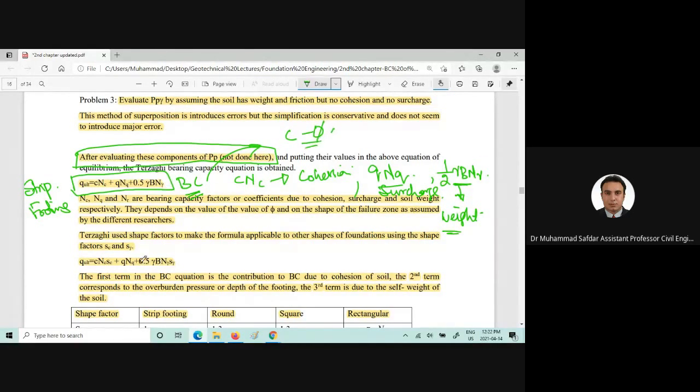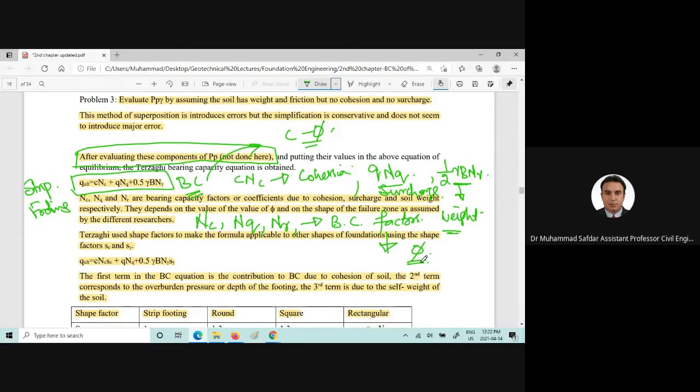So you can clearly see that the effect of cohesion and friction can be seen. Now, how and where we are going to see those cohesion and friction? NC, NQ, and N gamma are bearing capacity factors which are dependent upon the friction angle of the soil.